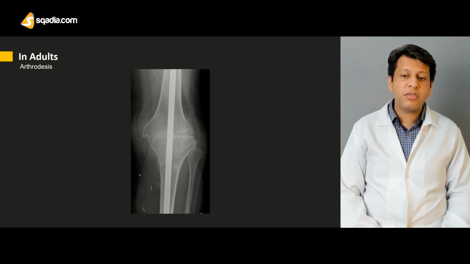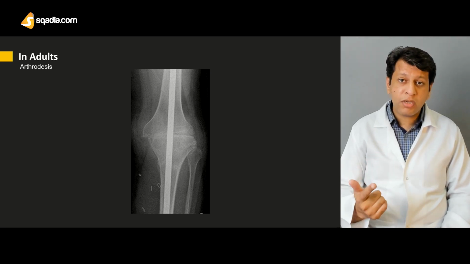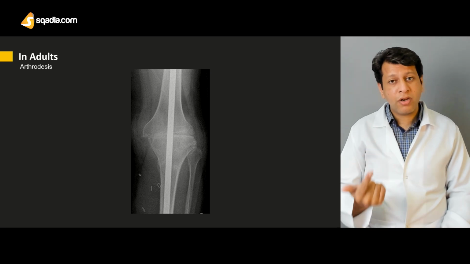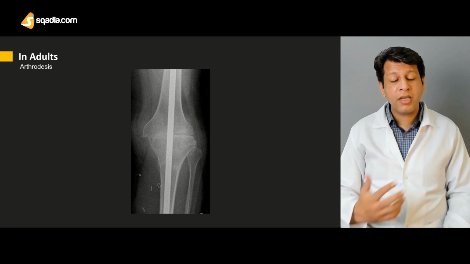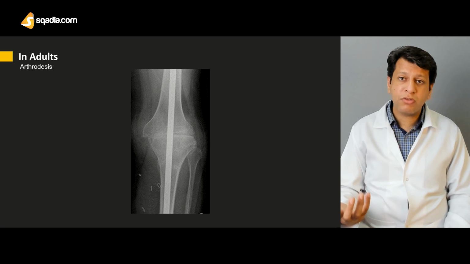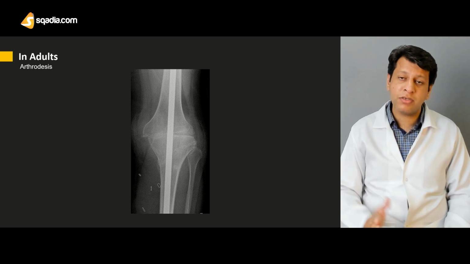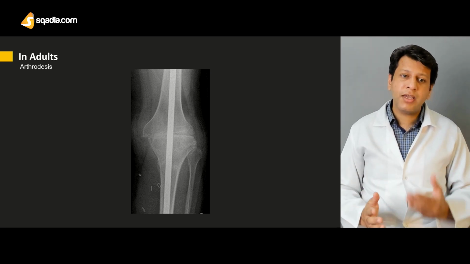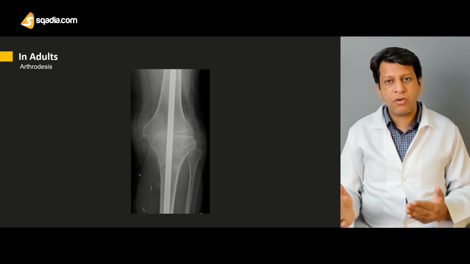But for example, this can be an option, because there have been case reports in the literature in which total knee replacement was done, later it got infected, it was done a second time, but it got infected again, and at times the bone loss is so massive that you don't have much of an option but to just go for arthrodesis, because although the joint will not move, it will at least remain free of infection. Therefore, again, this is to decide between arthrodesis versus total knee replacement.